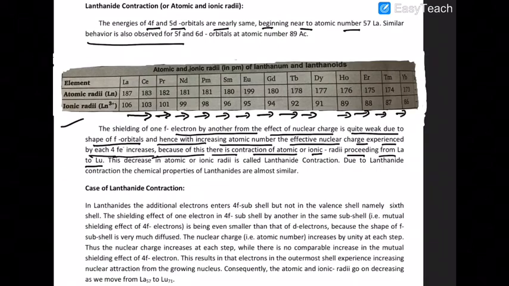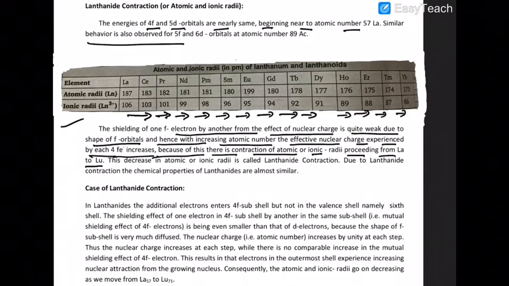So you can say that 4f electrons do not have much ability to protect their valence electron from the nuclear charge. So due to the enhanced nuclear charge, the electron experiences more and more attraction from the nucleus and the size becomes less.